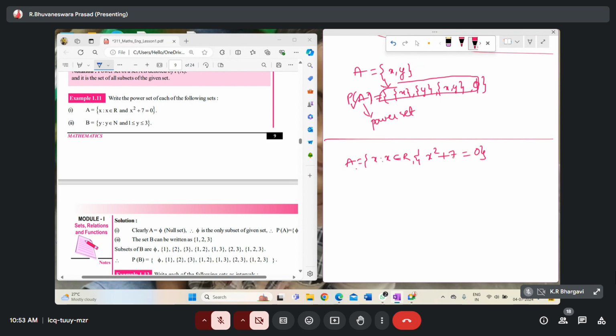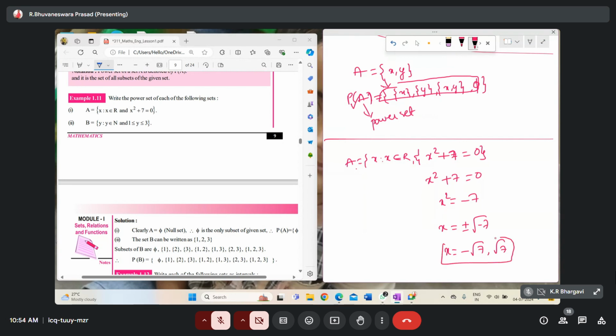What is this? It is a quadratic equation, right? x square plus 7 equals 0. x square equals minus 7. x equals plus or minus root minus 7. So that means x equals minus root 7 and root 7.